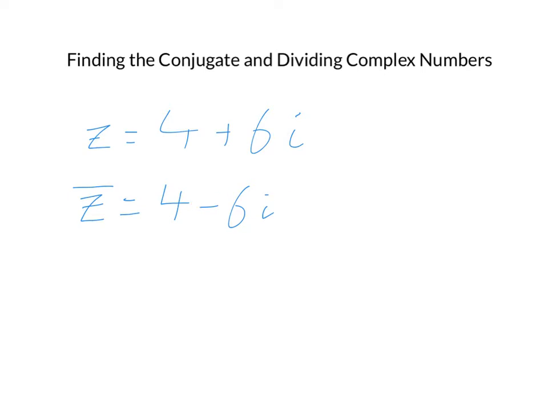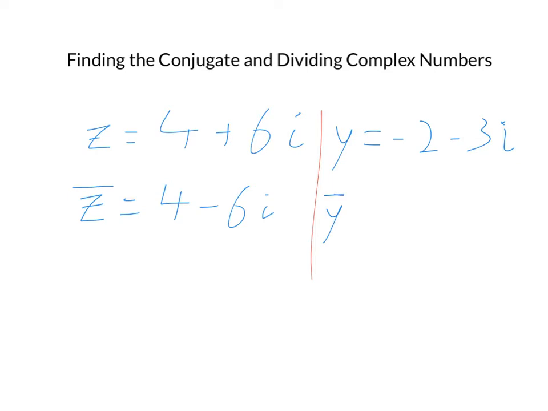Let's look at another example now. This time we will say that we're looking at the complex number y. So we can say that y is minus 2 minus 3i. So if we want to find the conjugate of y, we'll write y and put a little bar over it.